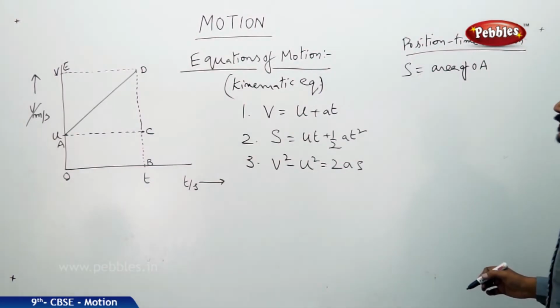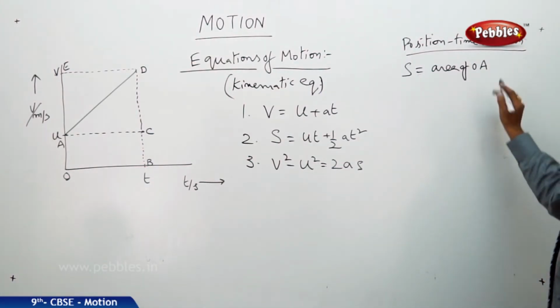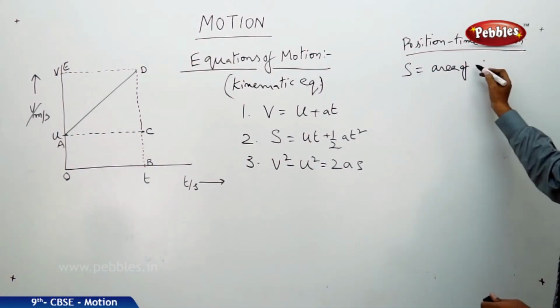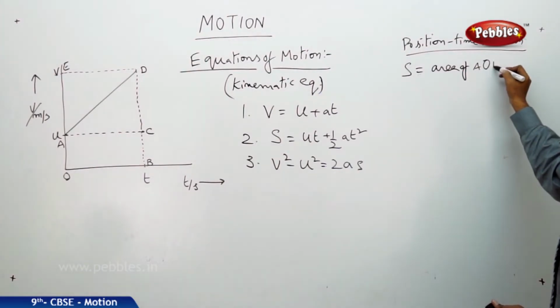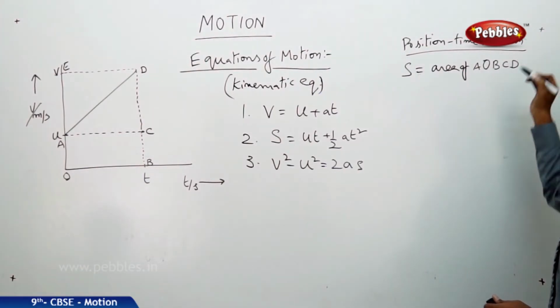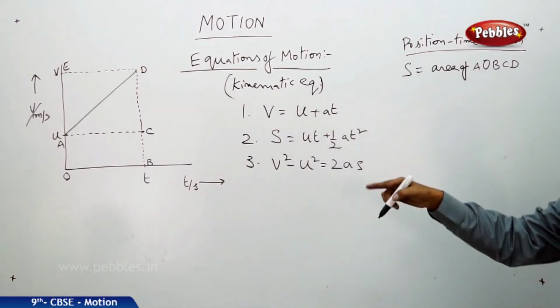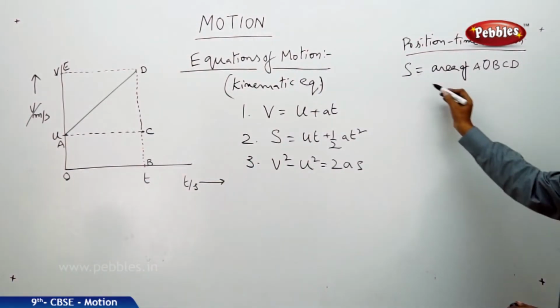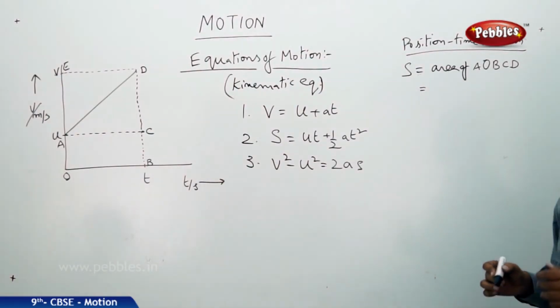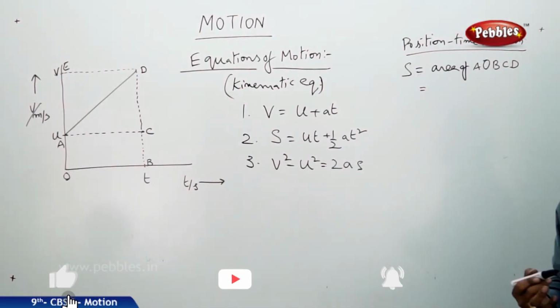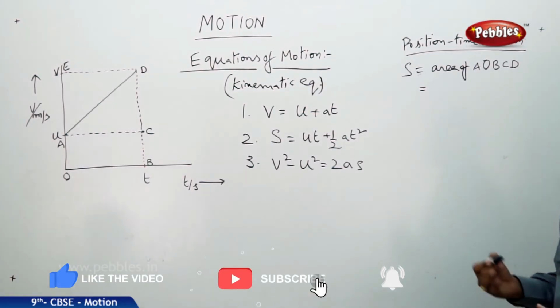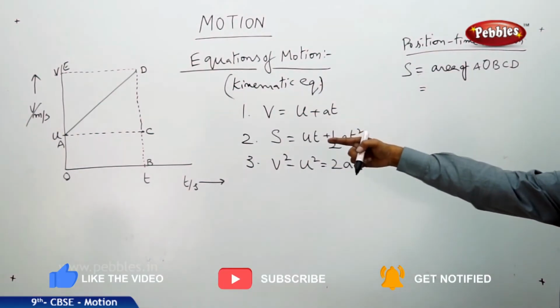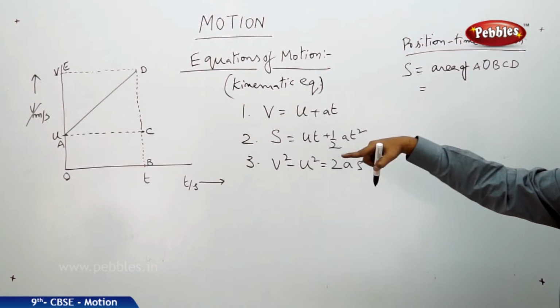AOBCD. That's the entire area. To find a big shape's area, we do a little simplification. See the graph once again: the graph is divided into two parts, a rectangle and a triangle.